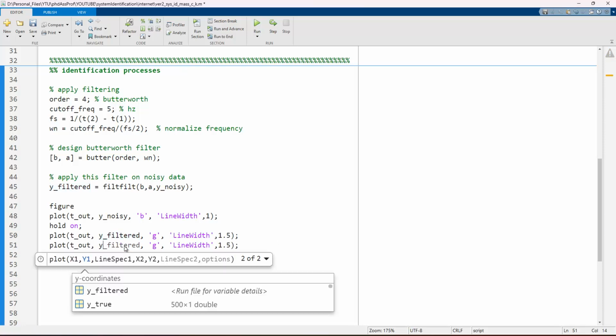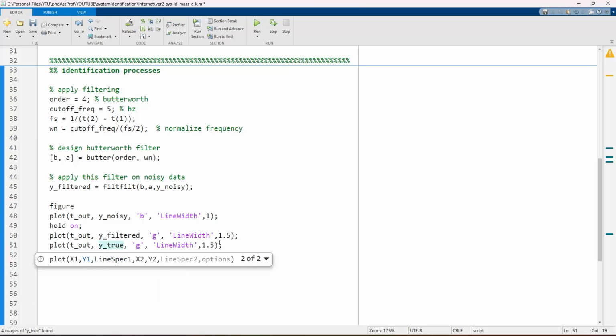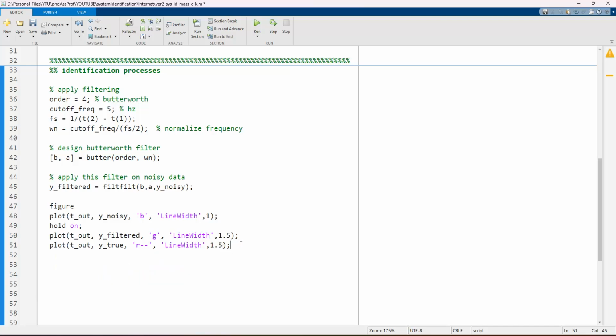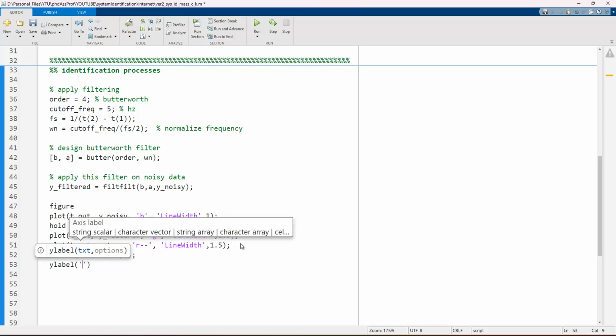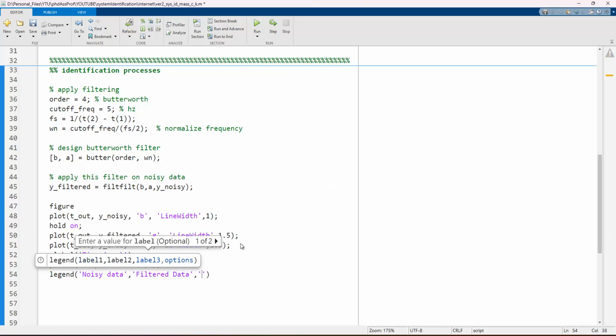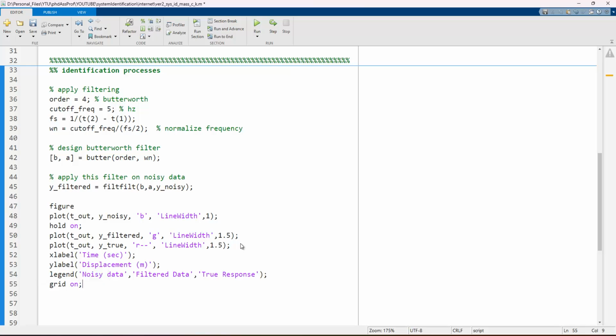The y true is the true dynamics, and this is assigned red dot. X label is time in seconds. Y label is displacement in meters. Okay, and the legend is assigned with, in the first place, noisy data, then filtered data, and then true response, and also we need to put the grid on.